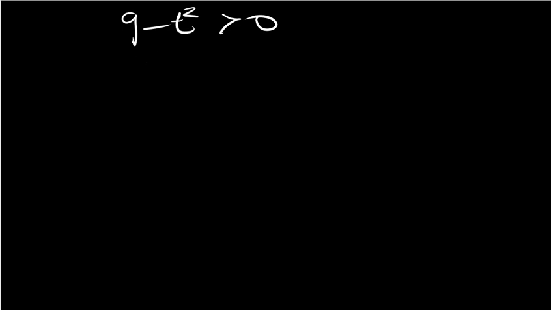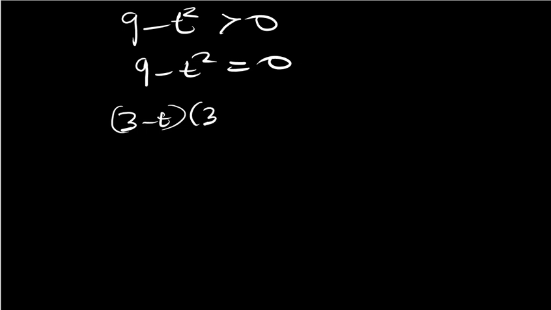So first and foremost, we have to find the roots of this quadratic inequality. So we'll convert it to an equation and find the roots. Factorizing this difference of 2 squares, this will be 3 minus t, and then 3 plus t is equal to 0.